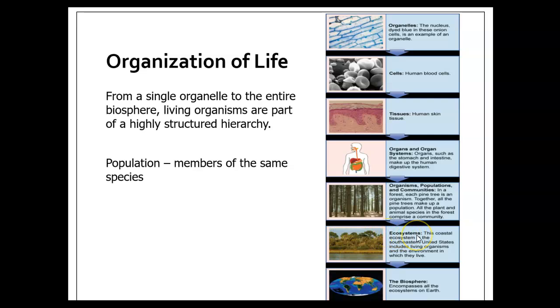So an ecosystem is the non-living and living things in a particular area. We have coastal ecosystems. A pond can be an ecosystem. A forest can be an ecosystem. And then there is the biosphere, which is everywhere on the earth that living things can exist. So all the ecosystems on the earth would be the biosphere.